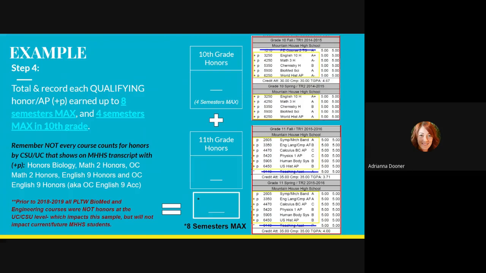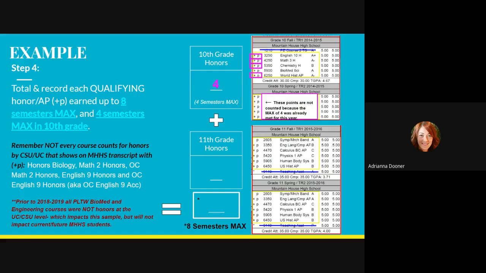So we're going to total up their honors points now, and you'll see the pluses next to those P's. We'll count those up. Now, this student took far more than 4 in their 10th grade year. However, the maximum that the UC will let you take with you for honors points from 10th grade is 4.